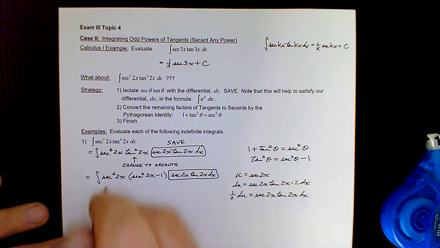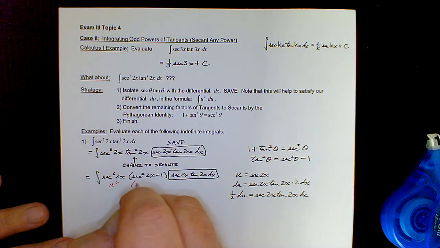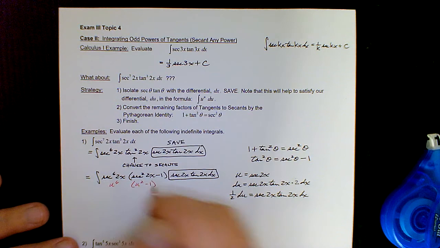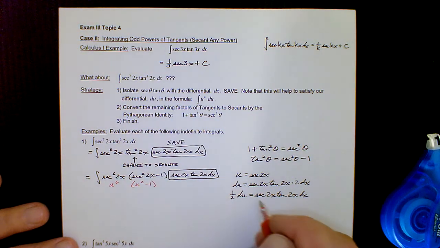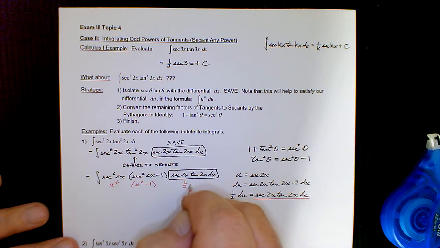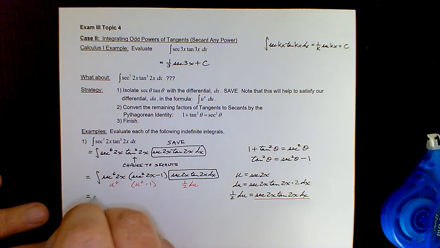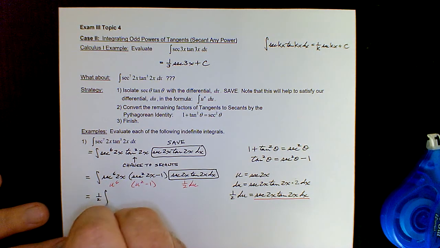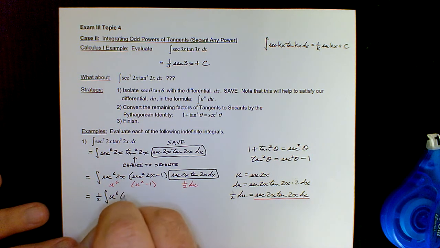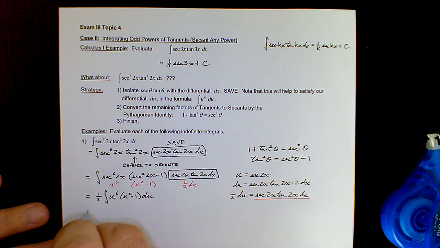Now if we go back to the integral, we had chosen u to be secant, so here's u to the 6th, u squared minus 1, and the secant 2x tangent 2x that remains as we intended makes up 1/2 du. So making the change of variables, we have 1/2 integral u to the 6th, u squared minus 1, and the differential du.